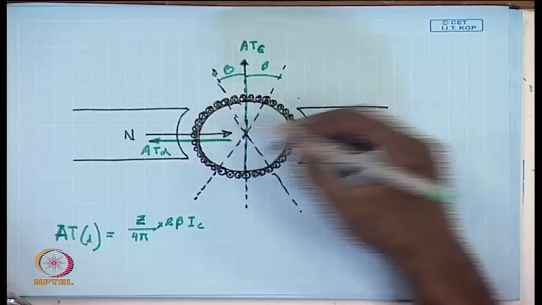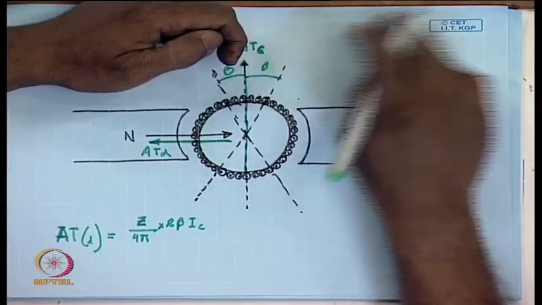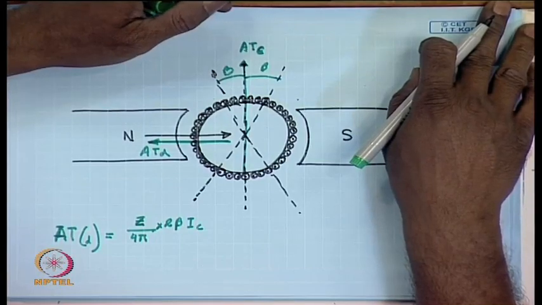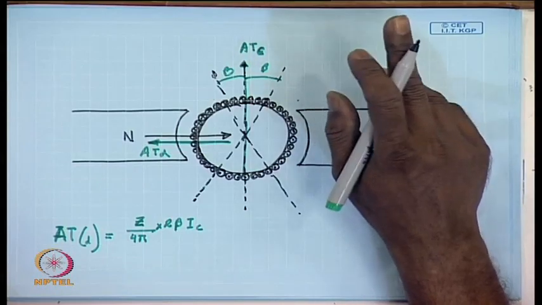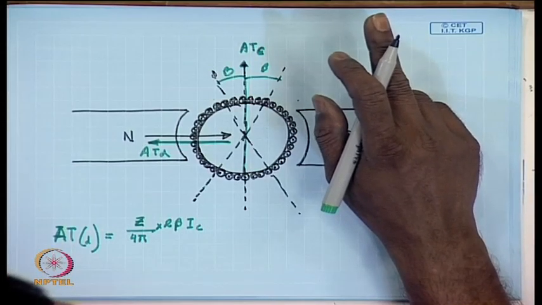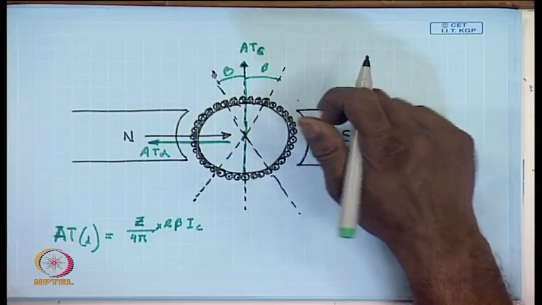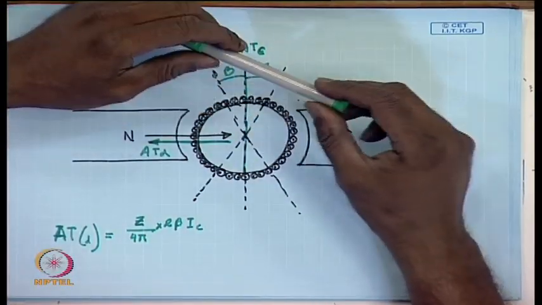The rest of the armature conductors will contribute to the cross magnetizing, that is the ampere turns that produce a flux aligned to the quadrature axis, while the demagnetizing ampere turns produce flux aligned to the direct axis, that is the field axis, and in opposite direction to the field flux.